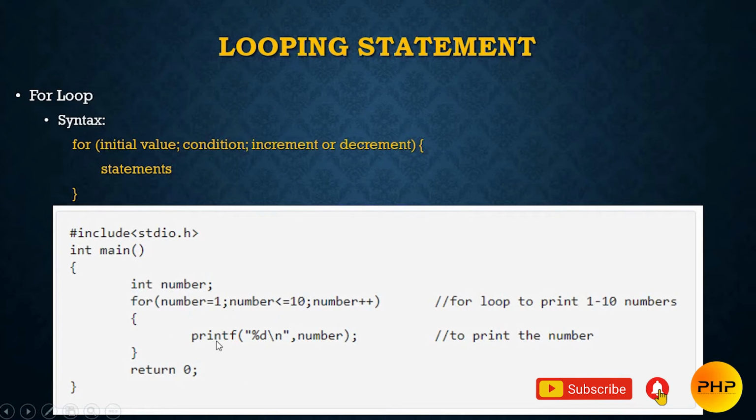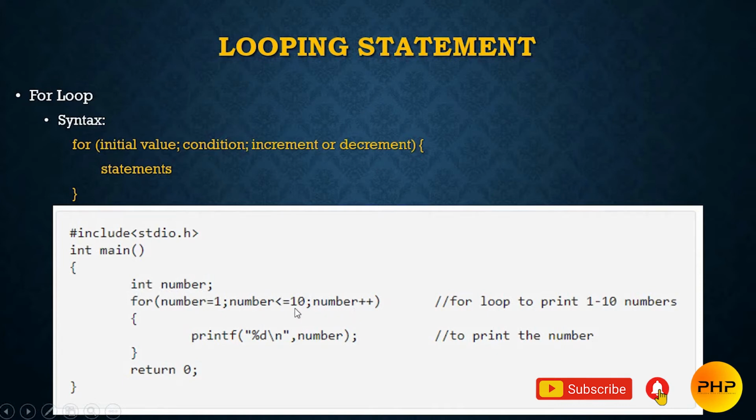When you run this block of code, the outcome will be 1, 2, 3, 4, 5, up to 10. When it first picks the 1, it will print the 1. For the next print, it will add 1 to it, making 2, because of this increment.